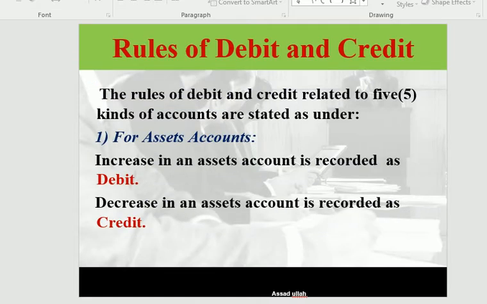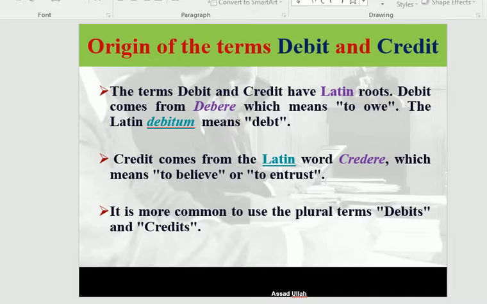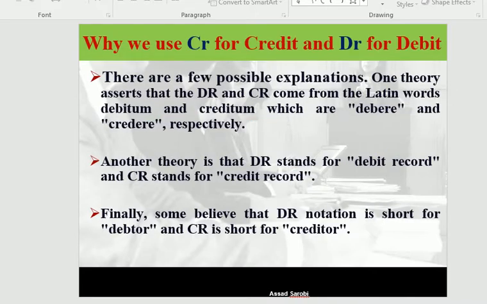So in a simple way, if someone asks you what is debit and what is credit, debit is to owe and credit is to believe or to entrust, or simply, debit is the left side and credit is the right side.